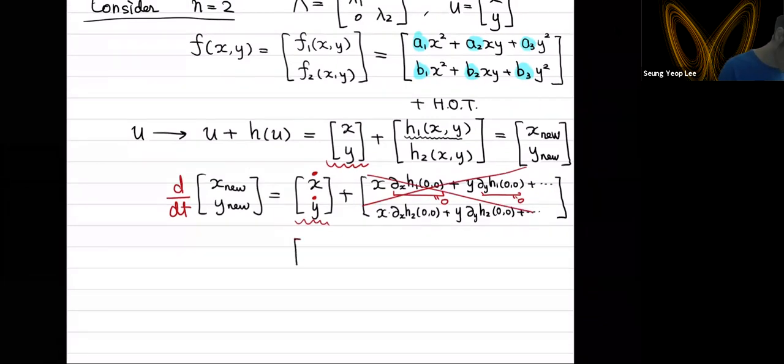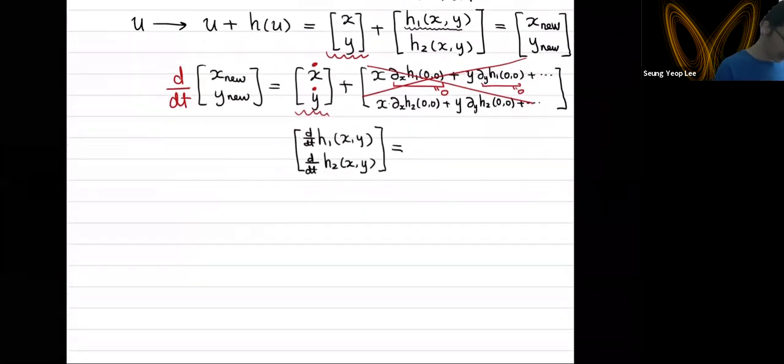This part will be the time derivative of h1 of x, y and the time derivative of h2 of x and y.